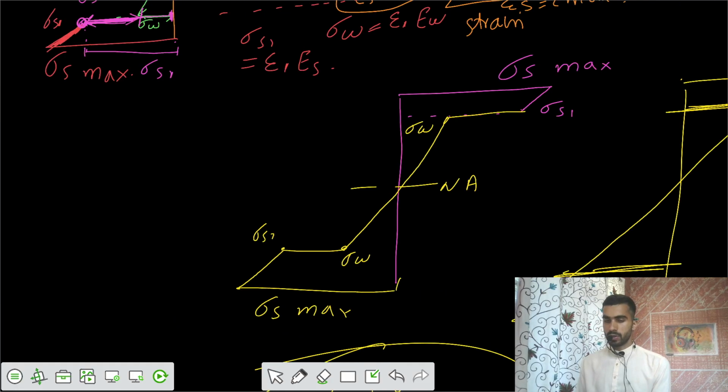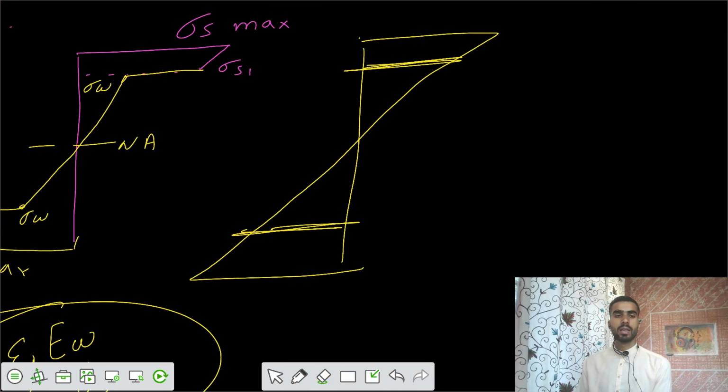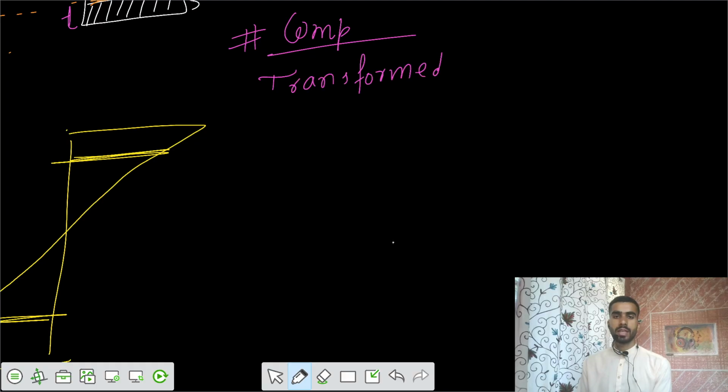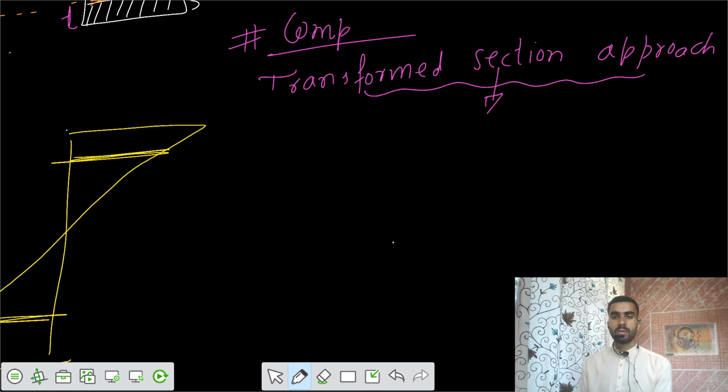Now, if you want to solve these composite sections, we have one method that we call the transformed section approach. What we do is transform one of the materials into the other one. By replacing, we know that the strain is the same for the two materials at the junction.